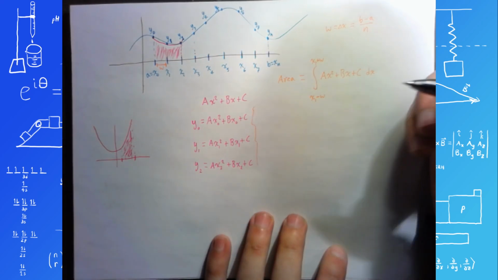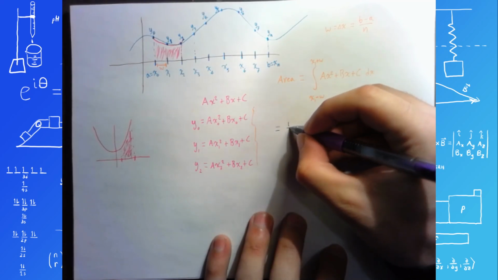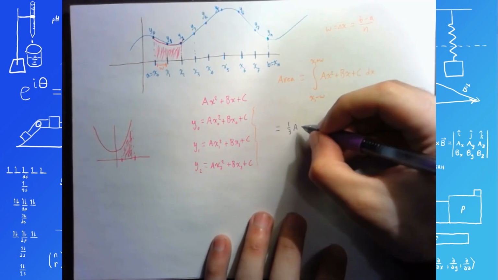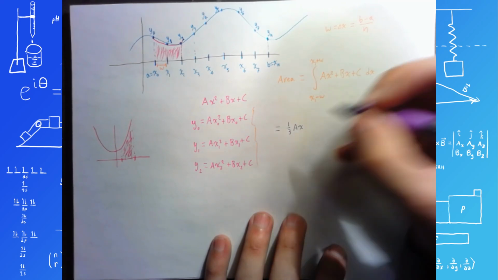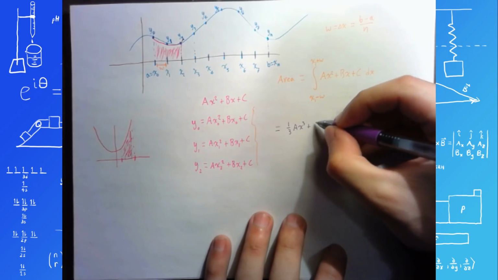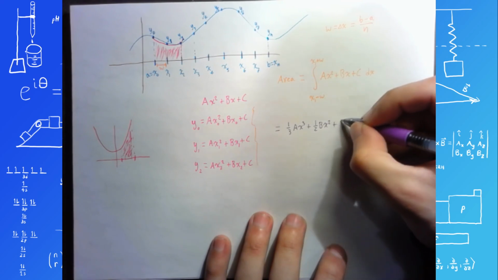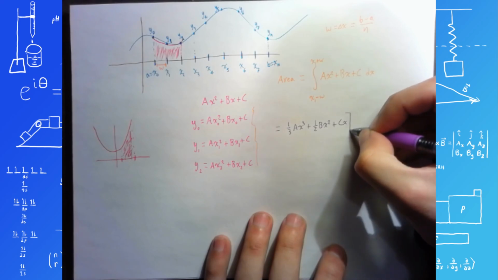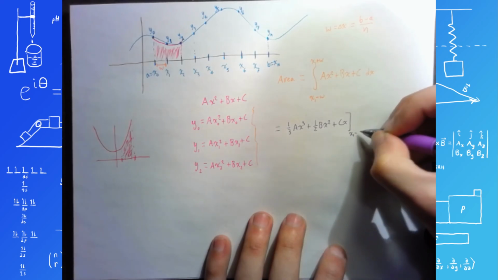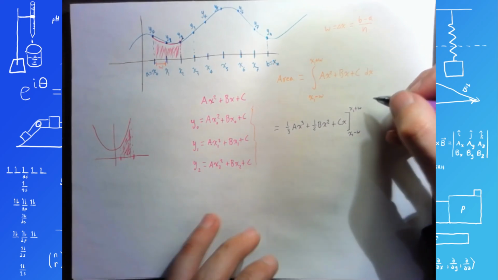Okay, if I go ahead and do this integral, then I get (1/3)a x³ + (1/2)b x² + cx from x1 minus w to x1 plus w.